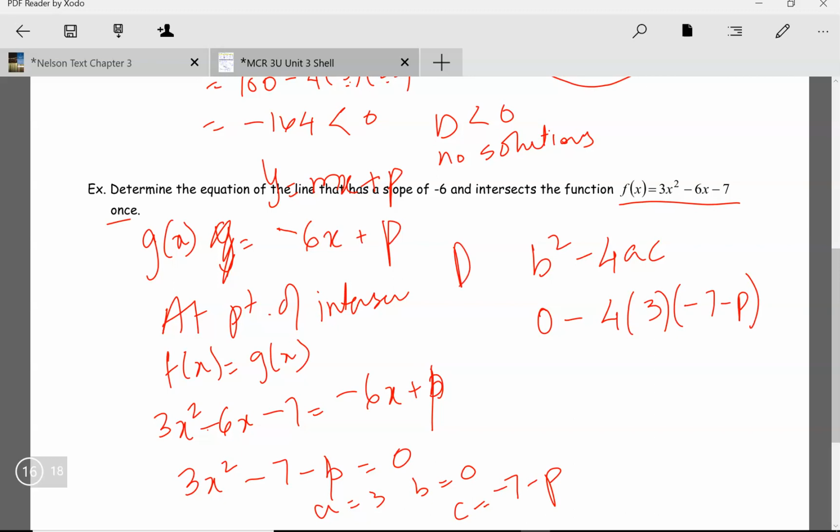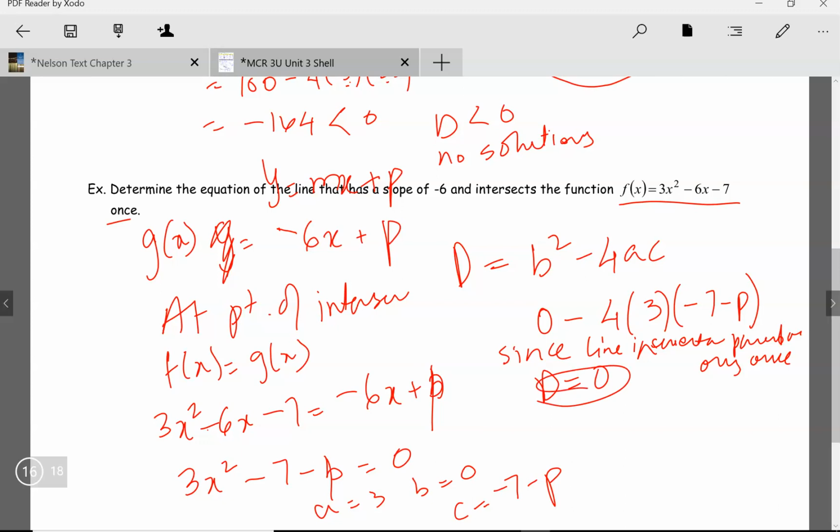And we want our discriminant to be equal to 0 since the line intersects the parabola only once. Our discriminant has to be equal to 0, because we need to have only one solution to our linear quadratic system.